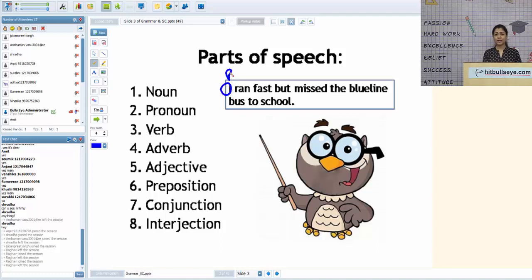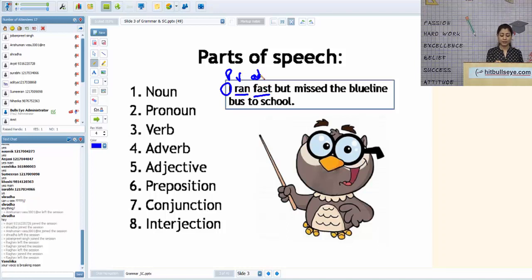If here I would have said, Ram ran fast but missed the blue line bus to school, Ram would have been the noun here, but instead of that I used I, which is a pronoun. Ran here becomes the verb. Fast is describing the quality of how the person ran, so it becomes an adverb.